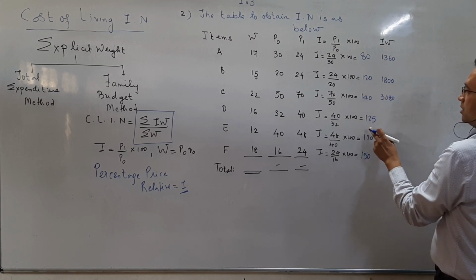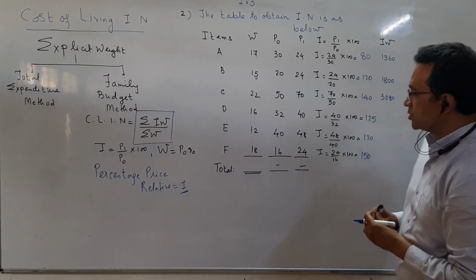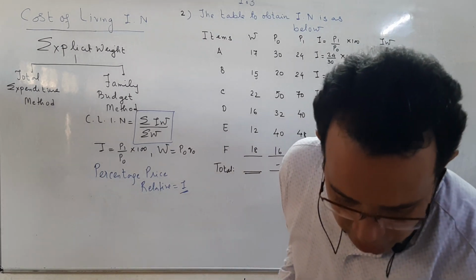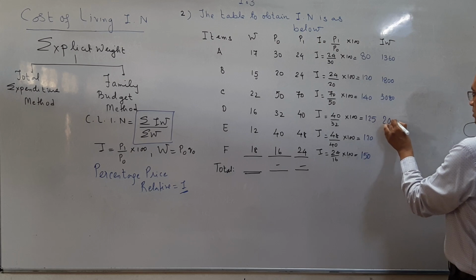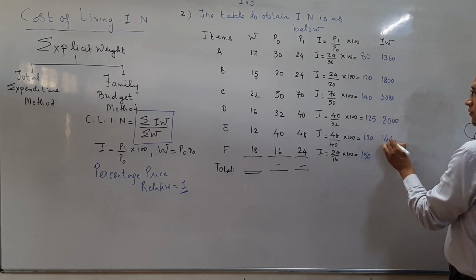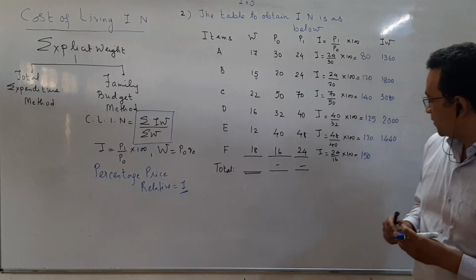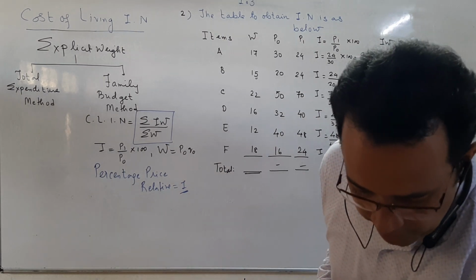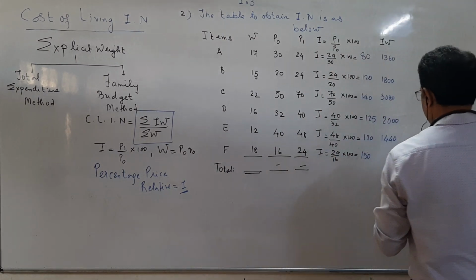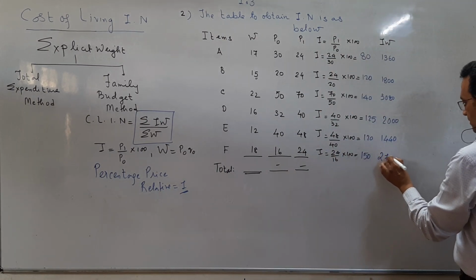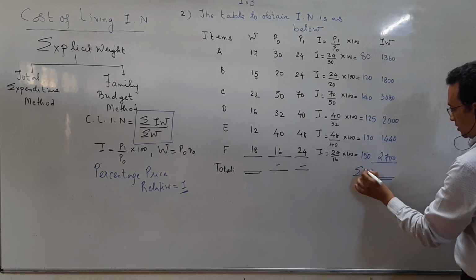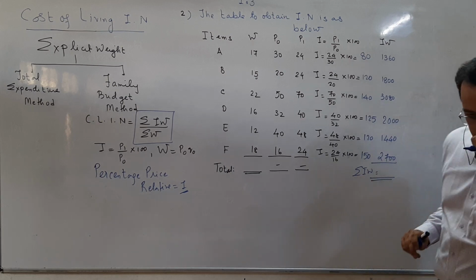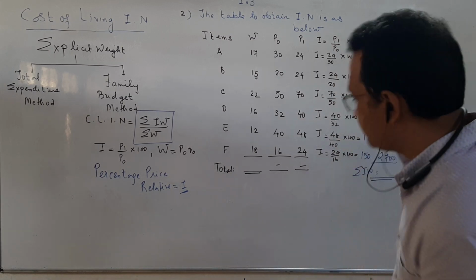Then 125 into 16, 2000. Then 1440. And the last is 150 into 18, 2700. And the total of IW is 12,380.